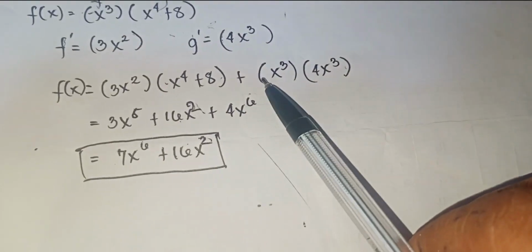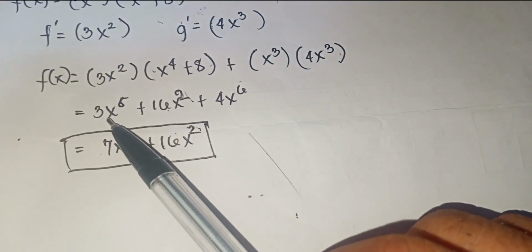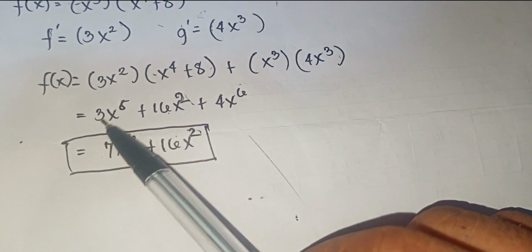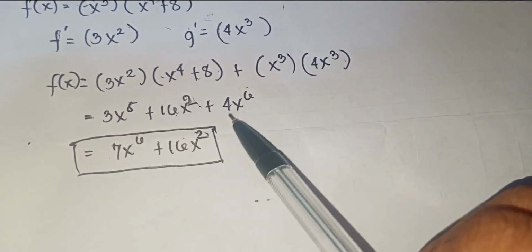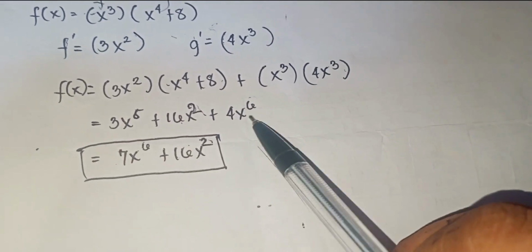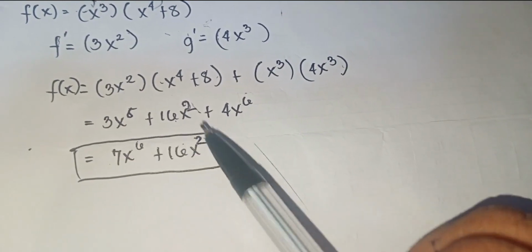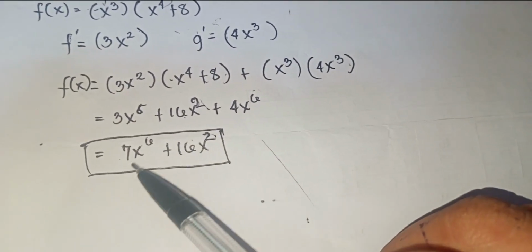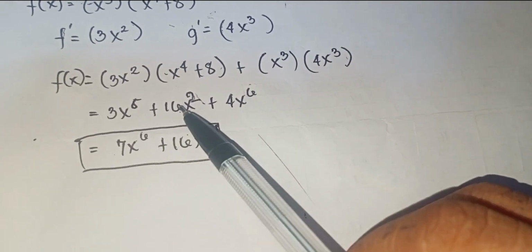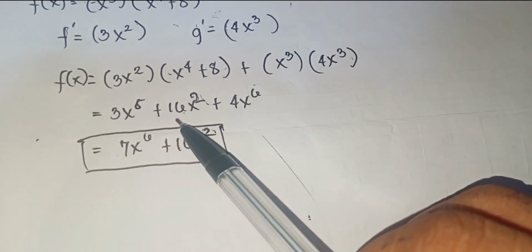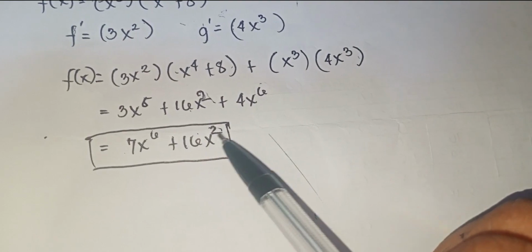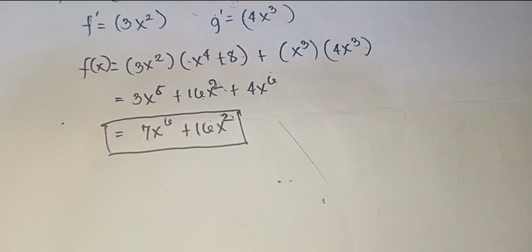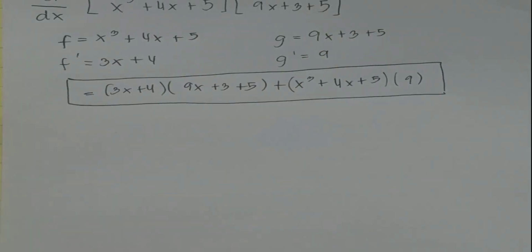And combine like terms: the like terms are 3x to the power of 6 and 4x to the power of 6. 3x to the power of 6 plus 4x to the power of 6 is 7x to the power of 6. Then copy 16x to the power of 2, and that's our final answer to this problem.